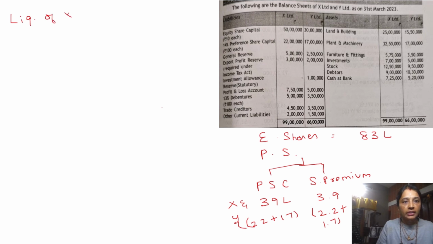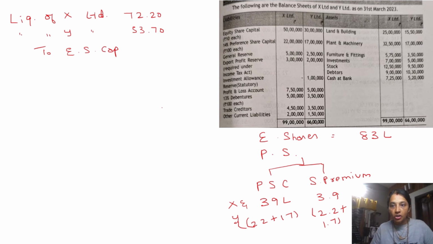So, liquidators of X Limited. How much are we paying to liquidators of X Limited? We are paying 72 lakhs 20,000 to liquidators of X. To liquidators of Y, how much are we paying? We are paying 53 lakhs 70,000. Now how are we paying this? To equity share capital.